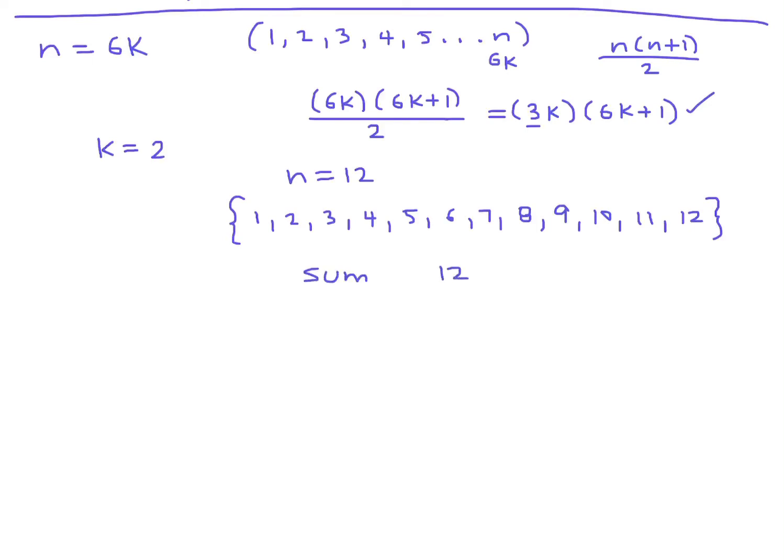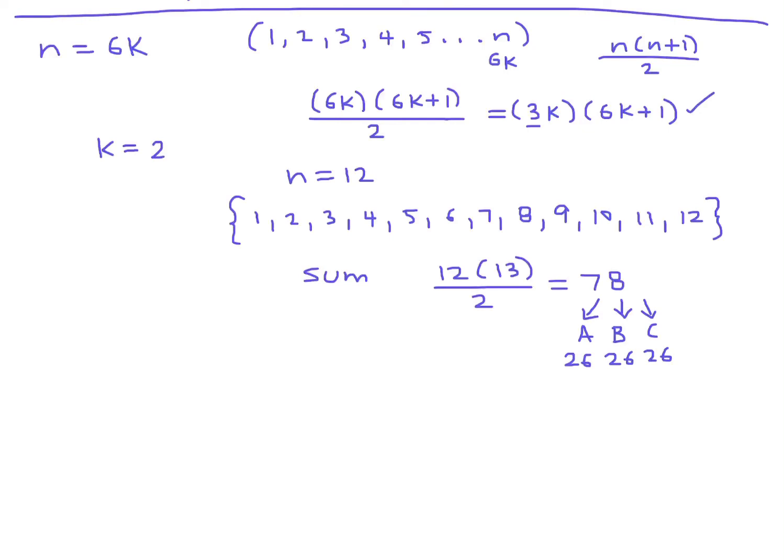Well, by now you're an expert. It's 12 times 13 divided by 2, which is equal to 78. Now this 78 has to be divided into three different sets, A, B, and C, you remember? So each of them would get an equal amount, 78 divided by 3, which is 26, correct?